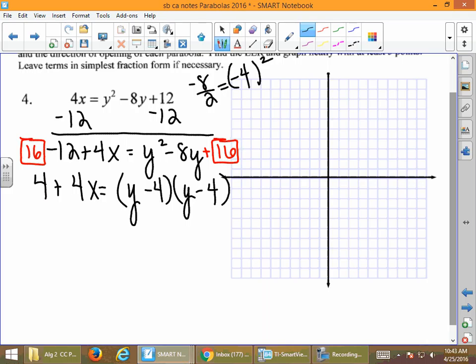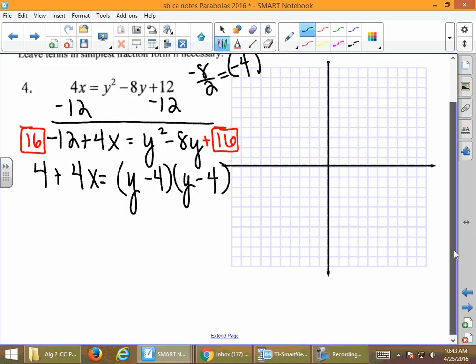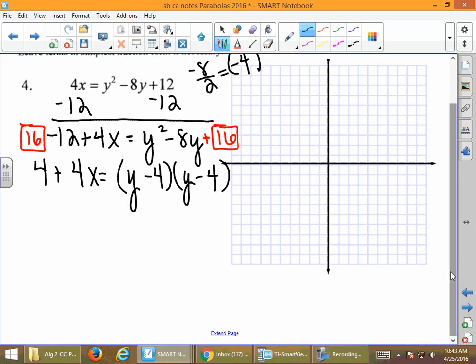We want those factors to be exactly the same. That's the point of completing the square. Too many 4s in here for the first time I stand up in front of the class and do this. y minus 4 squared, when we condense it down, equals 4 plus 4x.